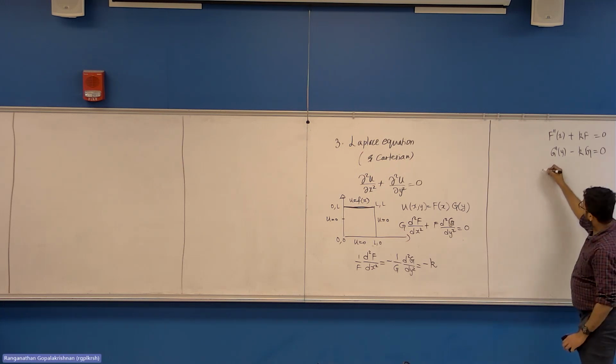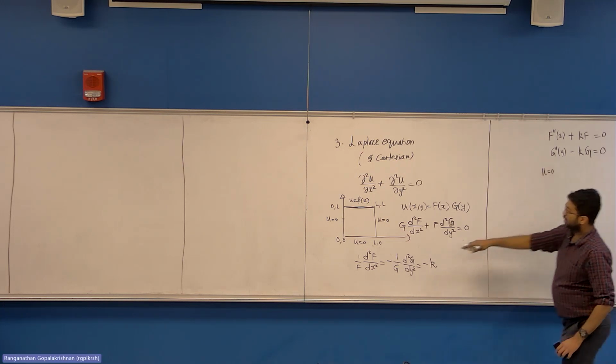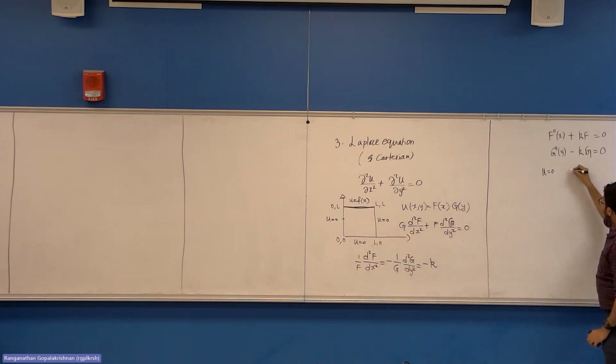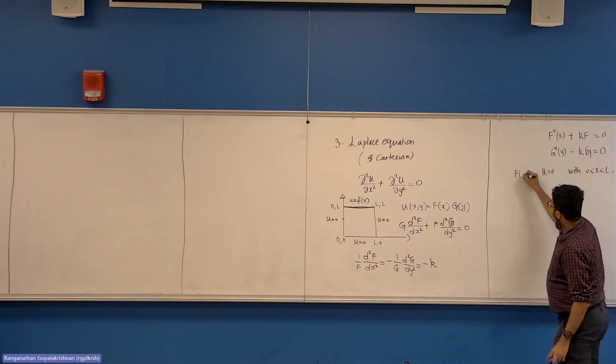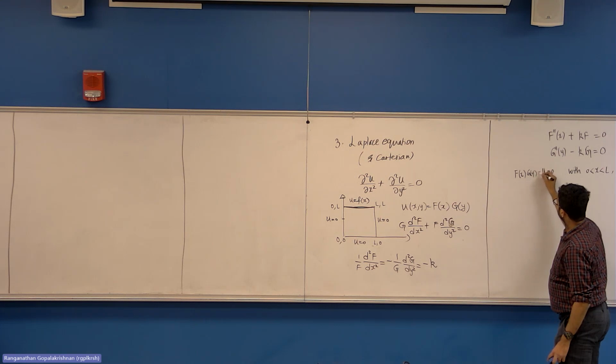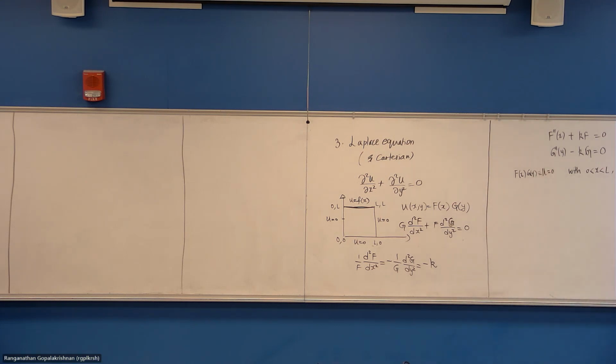So when you have u equal to 0, let's consider this side here with 0 less than x less than L and y equal to 0. U, which is f of x times g of y, is 0.